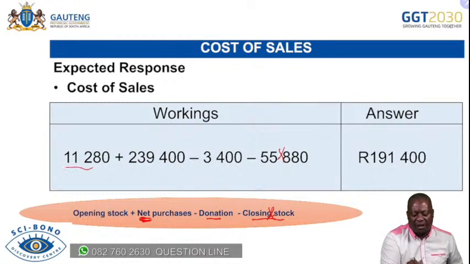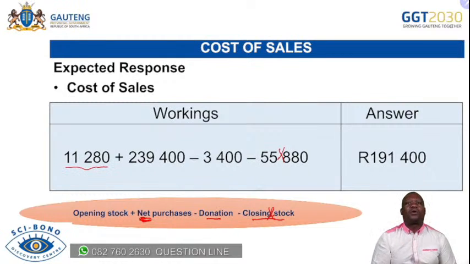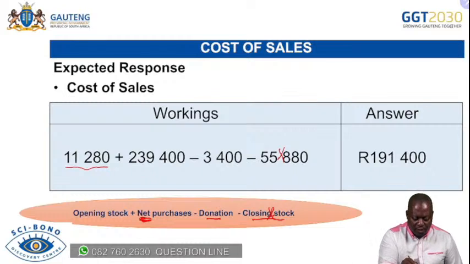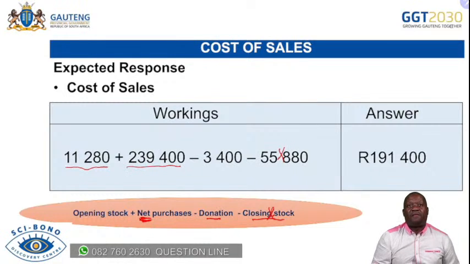You still remember this figure, opening stock, plus purchases, the value of our purchases, including carriage, excluding returns. In this question, there were no returns, so it's fine. But if there were returns, we should have subtracted them also.